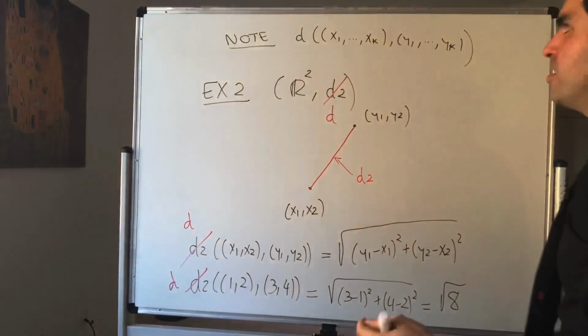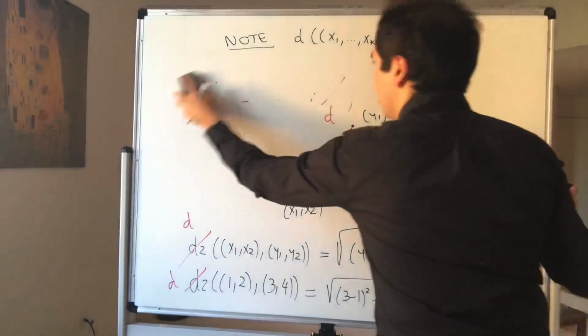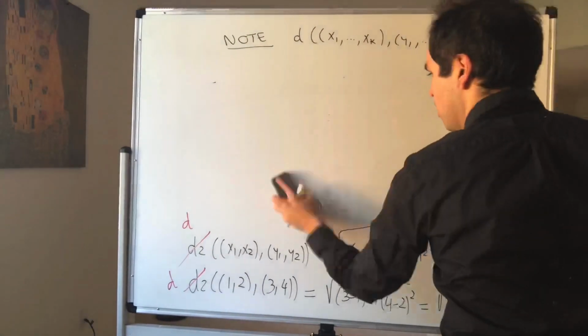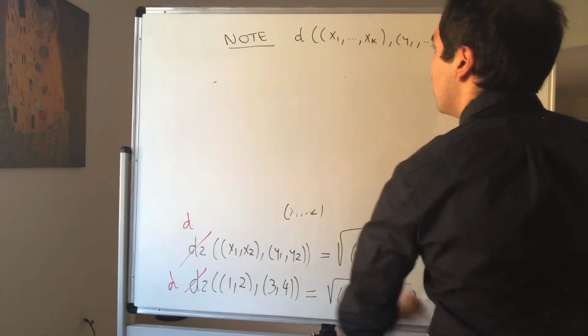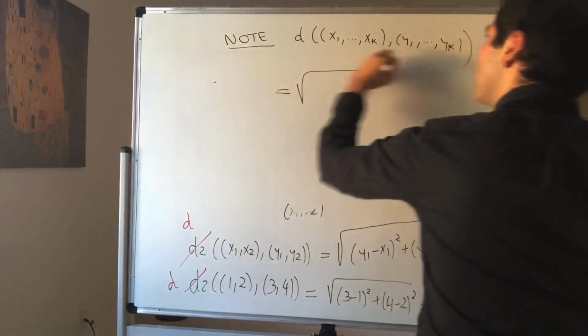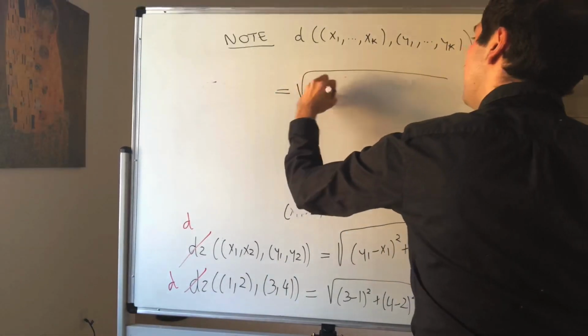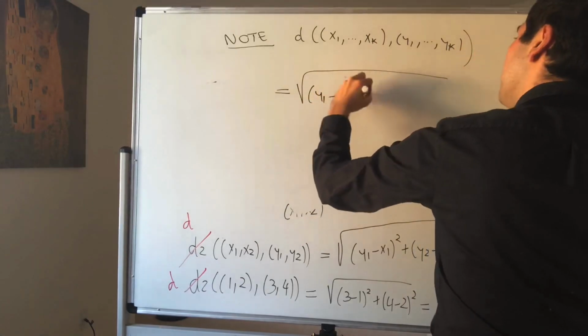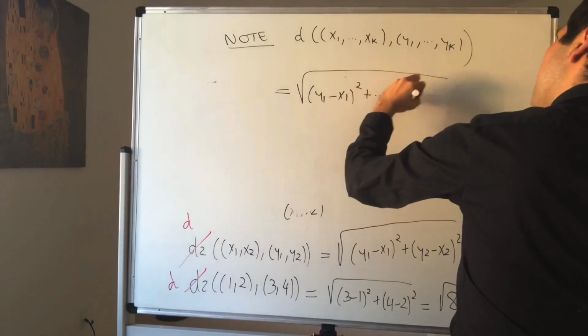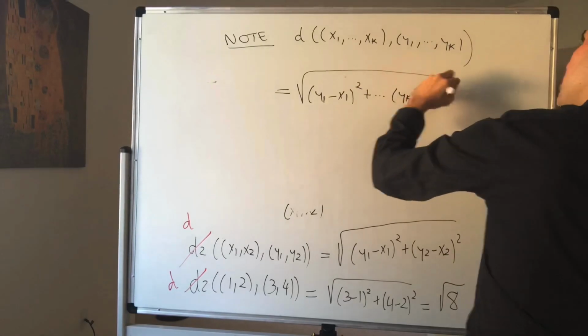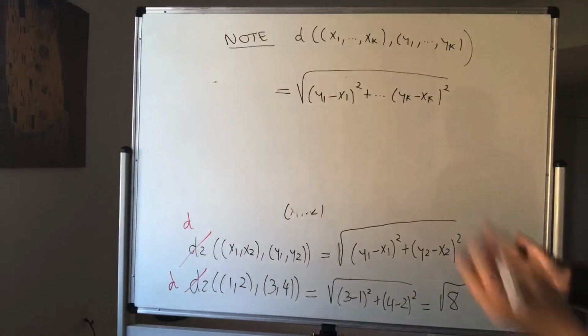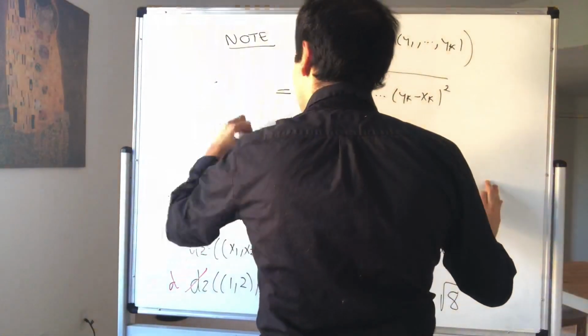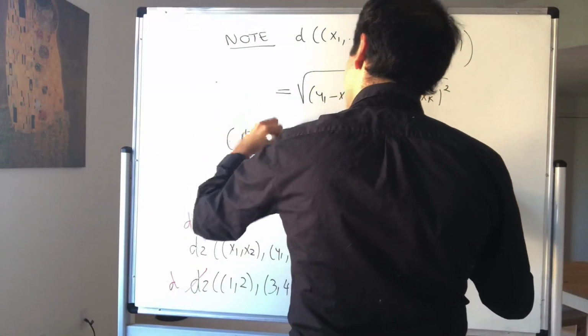It's again just the square root of the sum of squares: the square root of (y1 minus x1) squared plus and so on up to (yk minus xk) squared. And with this distance, in fact, Rk and d is a metric space.